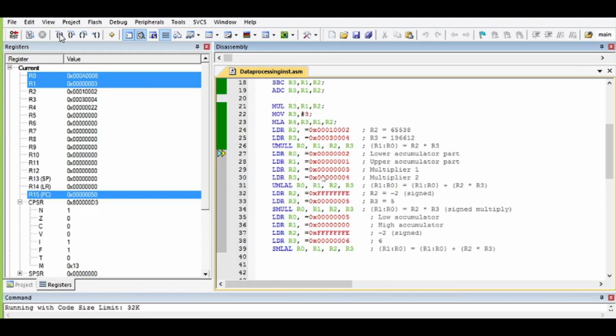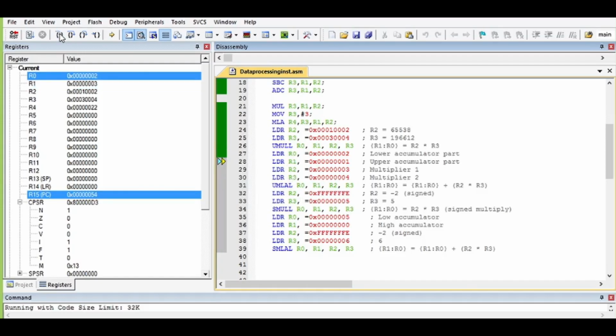LDR works similar to the move instruction, just that if you want to be able to take any bit pattern, if you don't want any doubt about whether you can load any value using move or not, then in that particular case you can use LDR, because in LDR you can load any 32-bit value into the respective register.